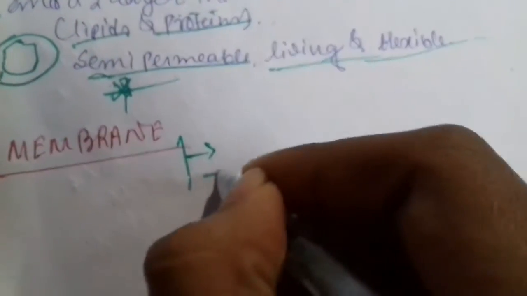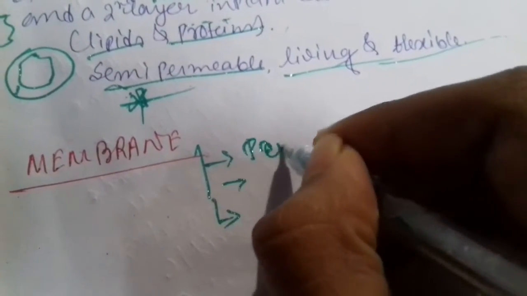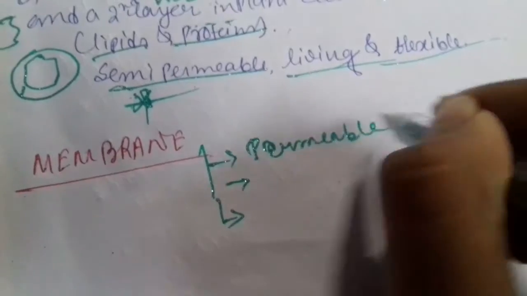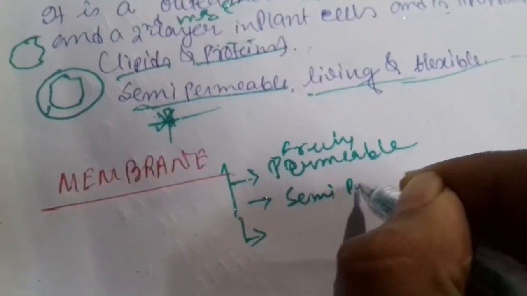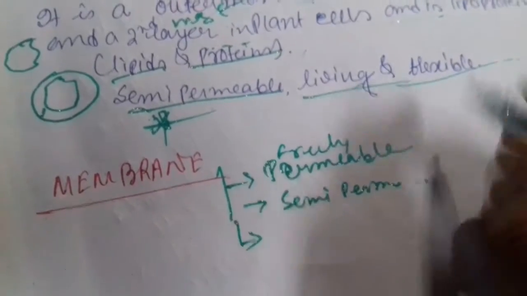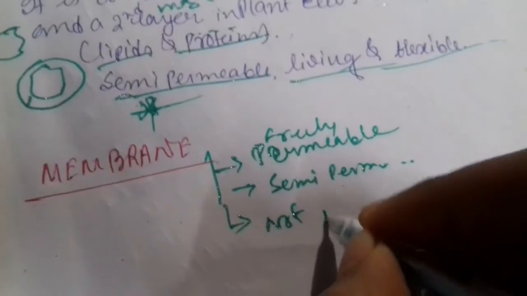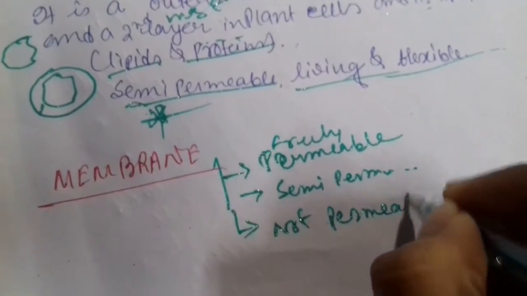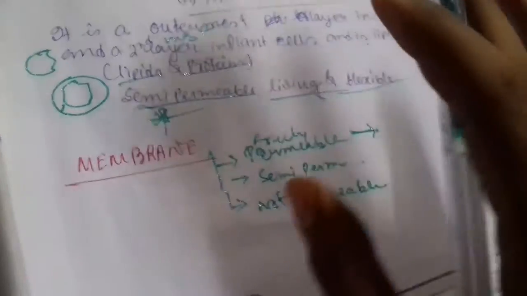So membranes are of three types: permeable or freely permeable, semi-permeable or selectively permeable, and not permeable or impermeable. Freely permeable means it does not obstruct any object to go or come.